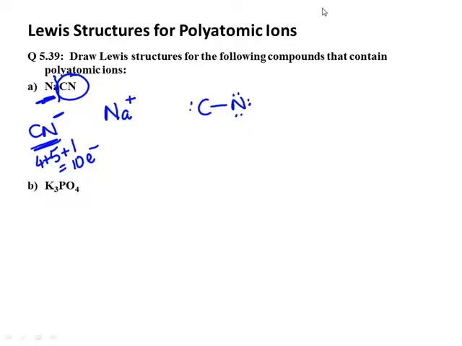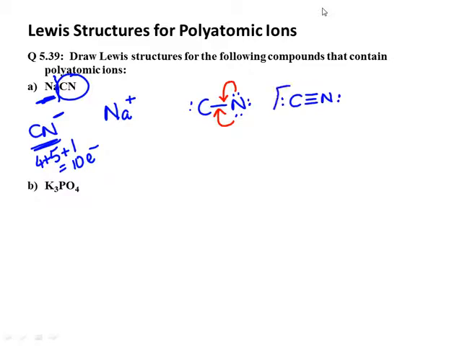However, we don't have an octet for carbon. So what do we do in this case? Yes, we move one of the non-bonded pairs on the peripheral atom, move it as a multiple bond. But in this case, we will have to do it one more time so that cyanide actually has a triple bond between nitrogen and carbon, and then each of those has a lone pair as well.